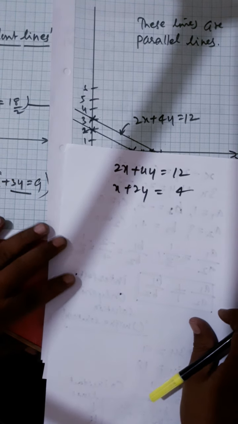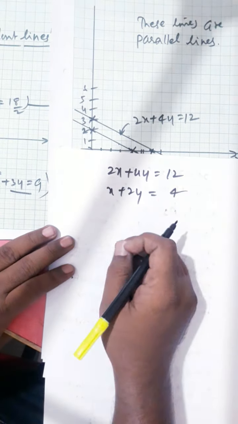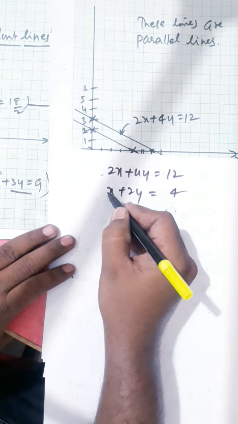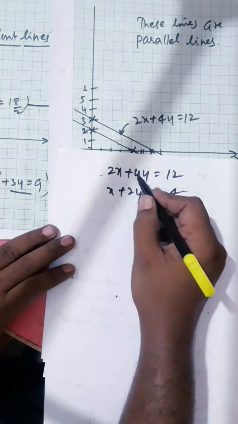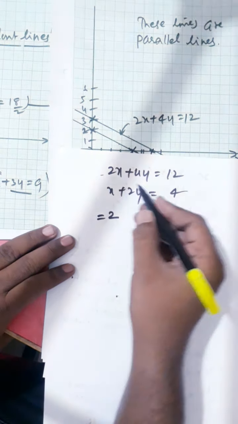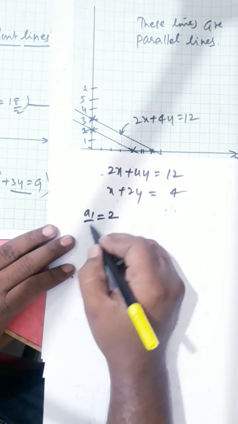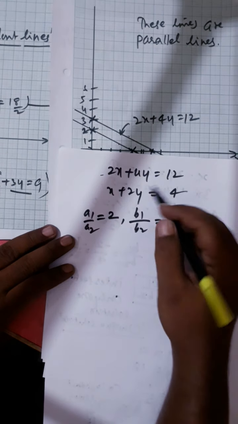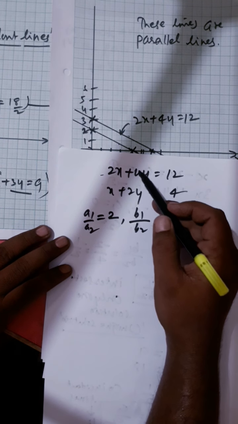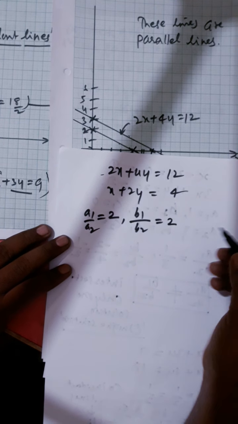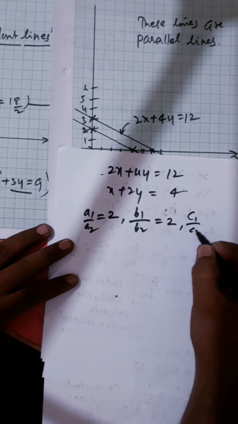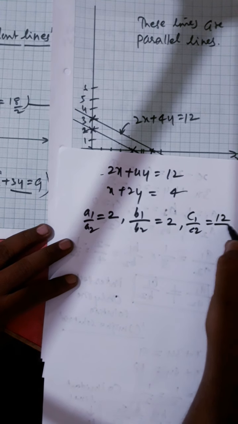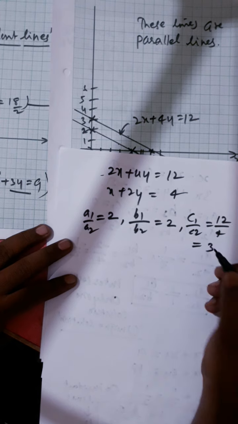Here, a1 by a2 is 2 by 1, which is 2. Then b1 by b2 is 4 by 2, again 2. But c1 by c2 is 12 by 4, which is 3.